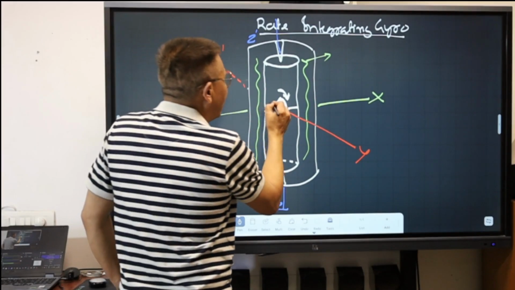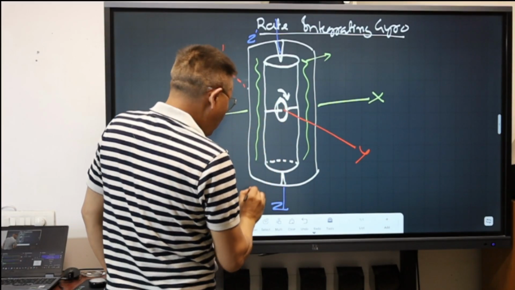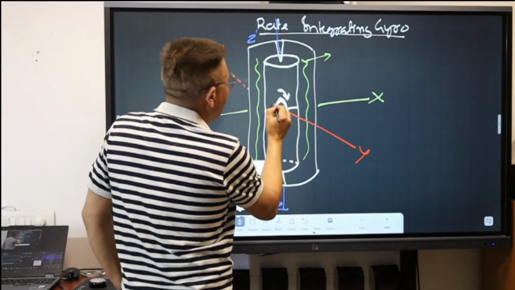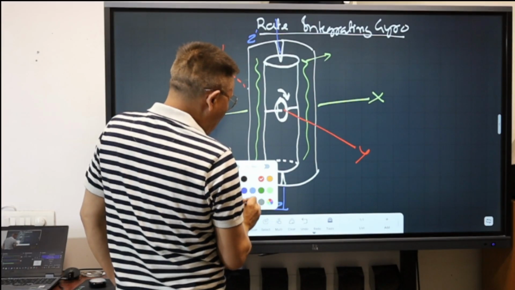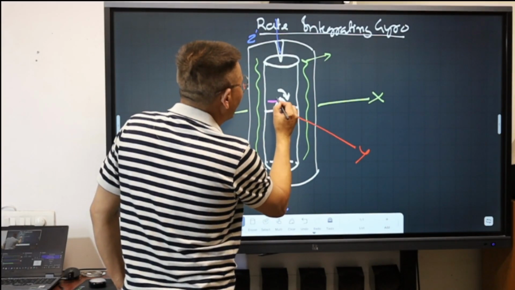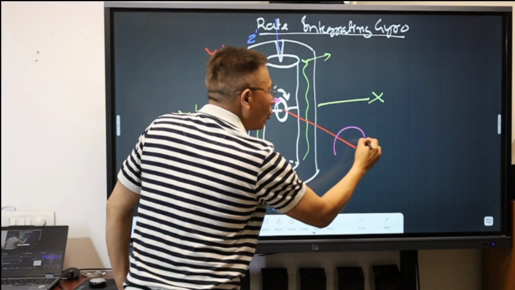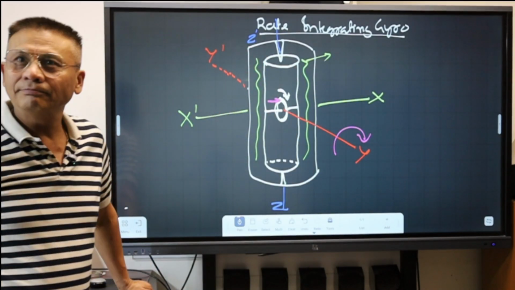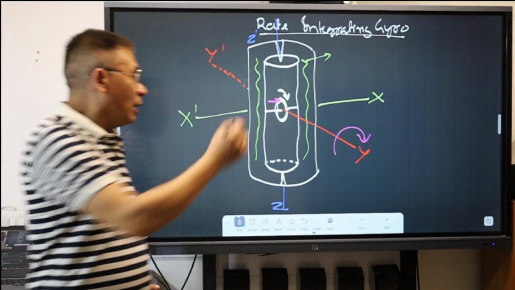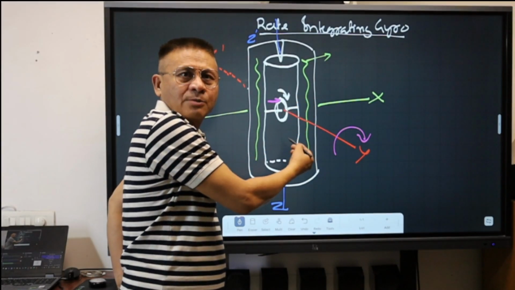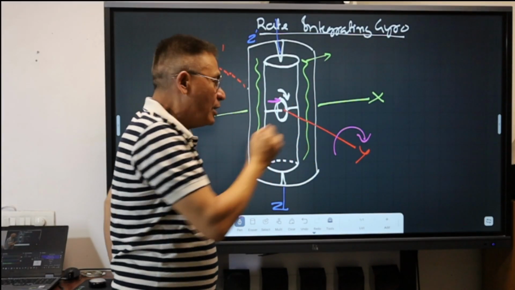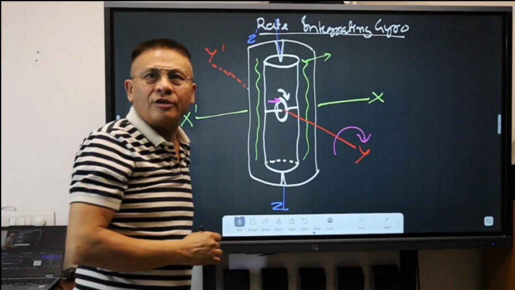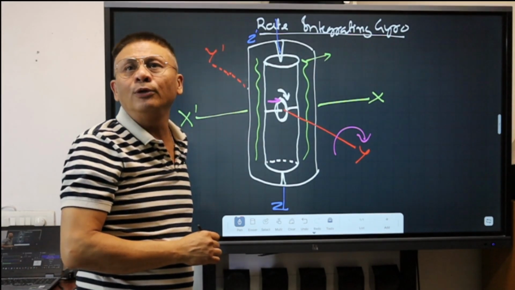So I am transferring a force into the gyro in this direction if I rotate this can like this. So since the force is being transferred onto the gyroscope, this Y and the Y dash axis will be known as the input axis.